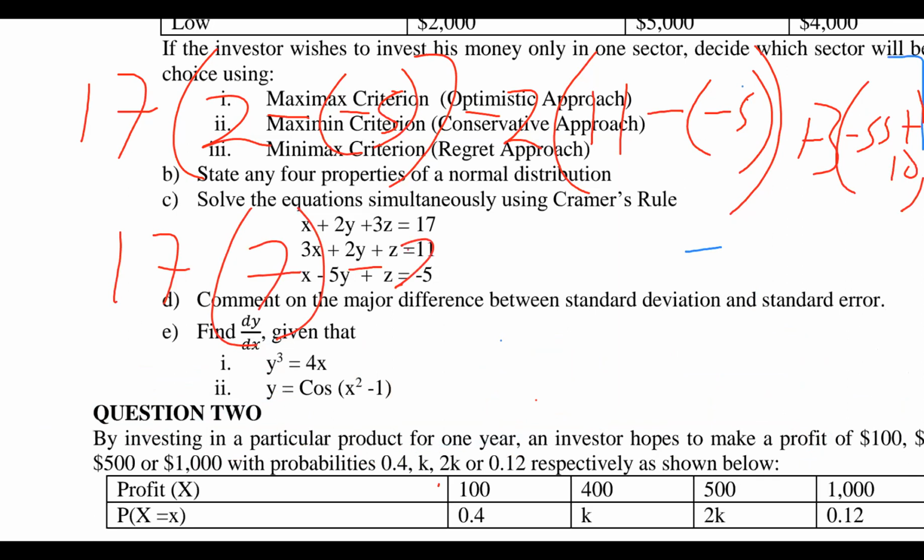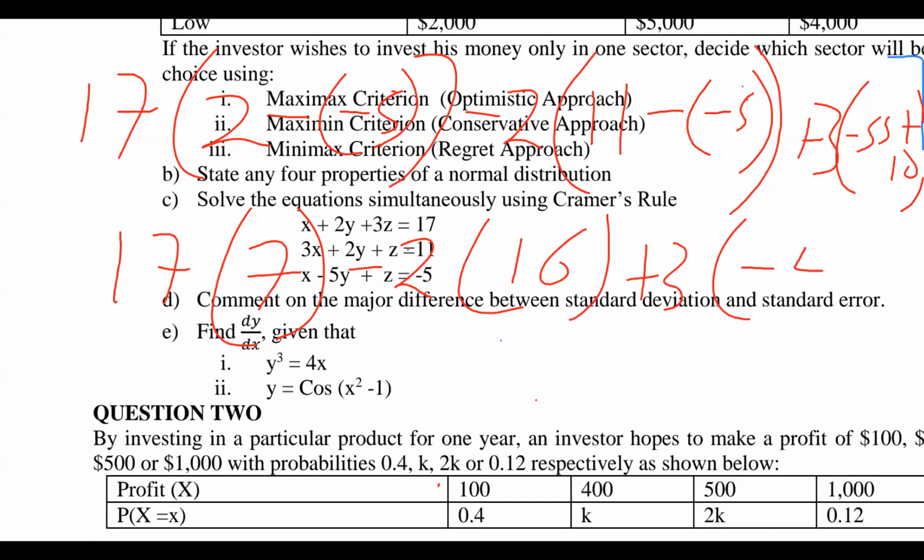Negative 2 times the 11 plus the 5. 11 plus 5 should be 15, isn't it? 16. 16, thank you. And then you go to which one? Positive 3 times the negative 55 plus 10, negative 45, right?